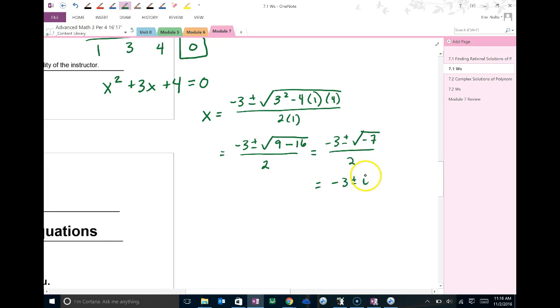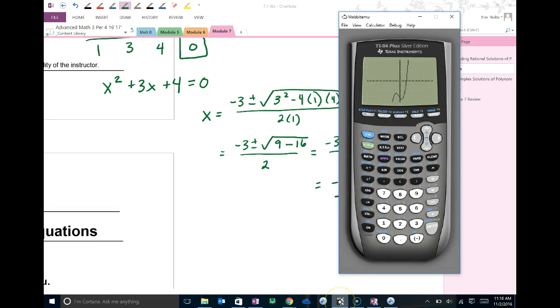So check this out. What's happening here is I'm finding a solution to our equation, that initial polynomial, but it's an imaginary solution, which is why we do not see it on the graph. Imaginary solutions will not show. Okay, but we can use the quadratic formula to find the rest of our solutions.